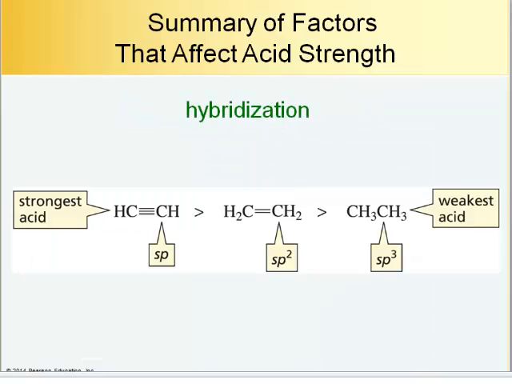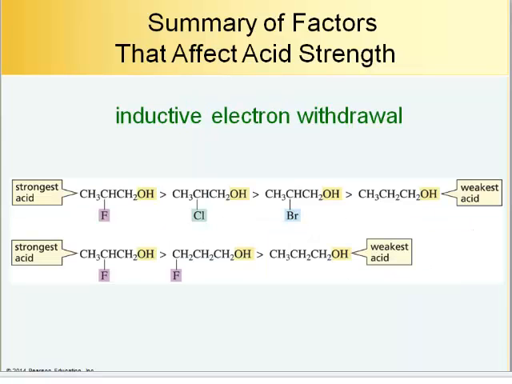Now also, hybridization, the stronger acid is going to have more S character. Fewer orbitals in the hybridization. More orbitals hybridized, the weaker the acid. And then we have the inductive electron withdrawal effect. So the greater the electronegativity of the substituent that is withdrawing the electrons, because that increases the stability of the conjugate base, then the stronger the acid.